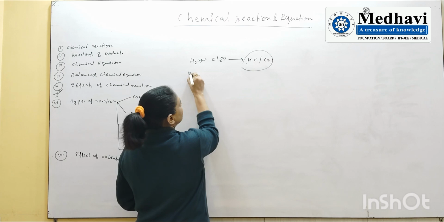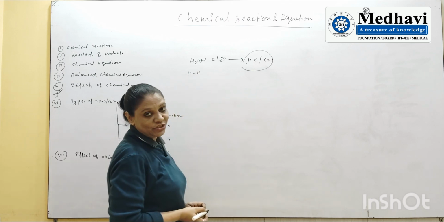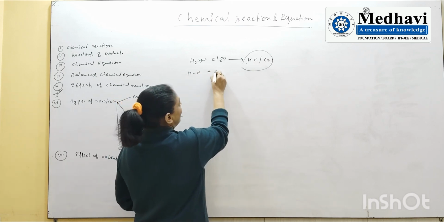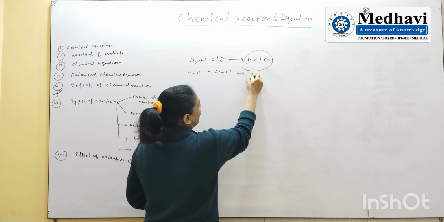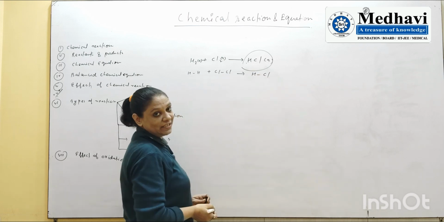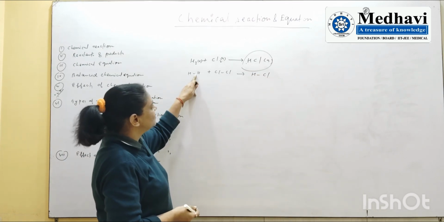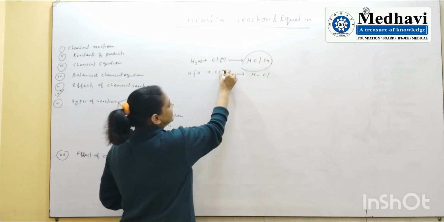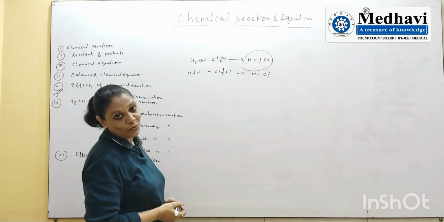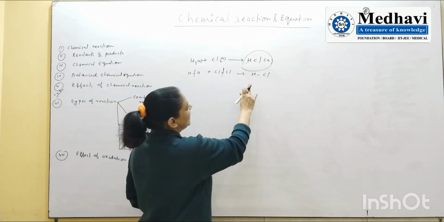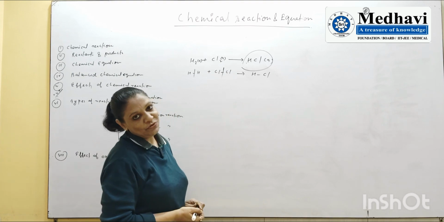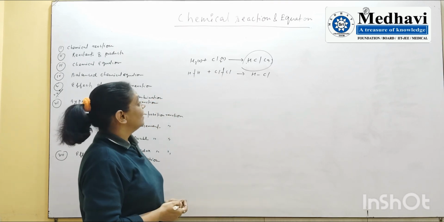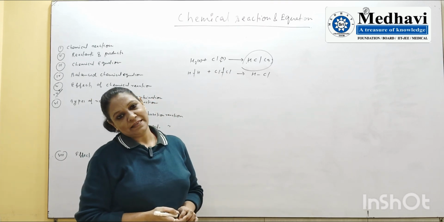Now here the bond present between Cl, and here bond present between H and Cl. So this H bond has been broken, and new bond between H and Cl has been produced. So this is a type of chemical reaction.